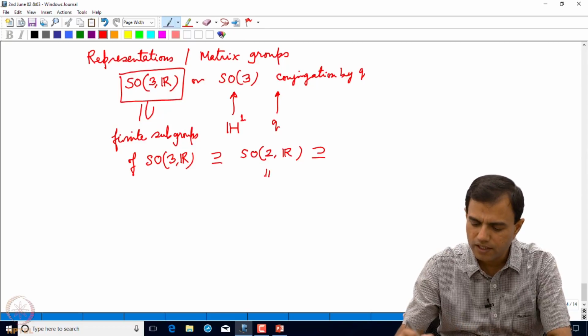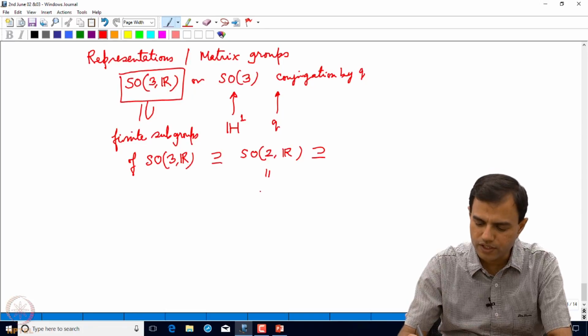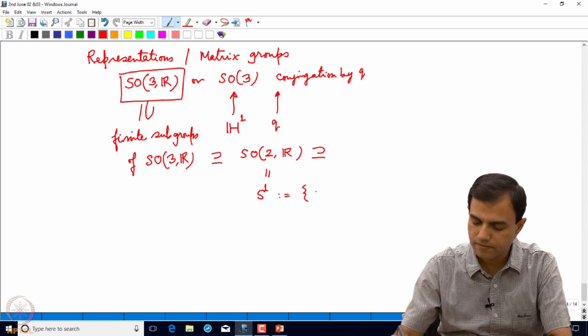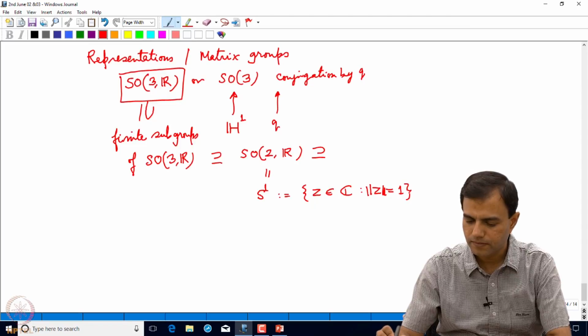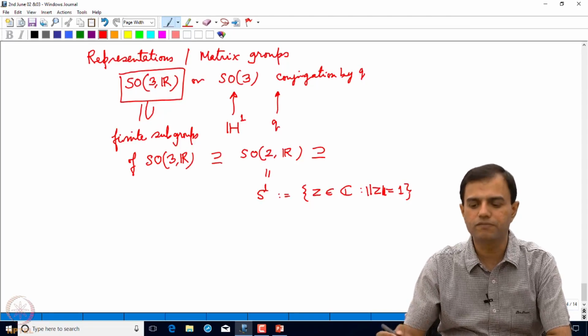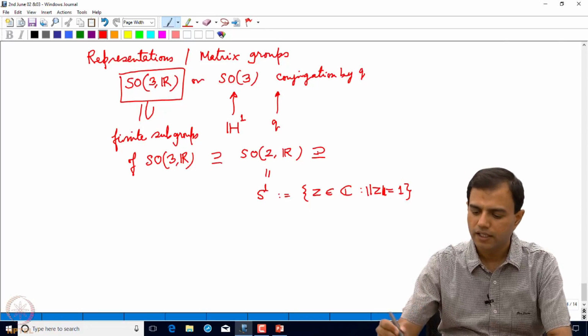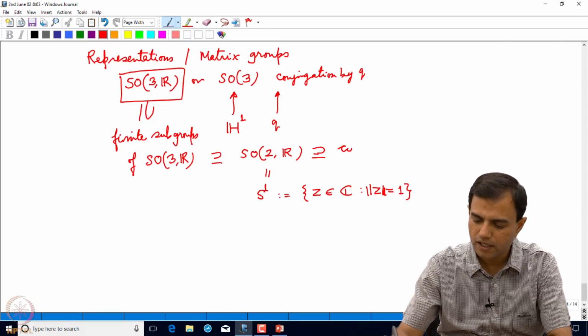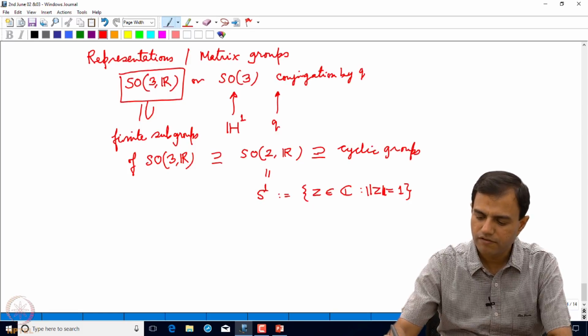SO2(R) is actually the same as S1, the unit circle. We want those complex numbers whose norm is 1. So the finite subgroups of S1, the finite subgroups of the circle, are finite cyclic groups.